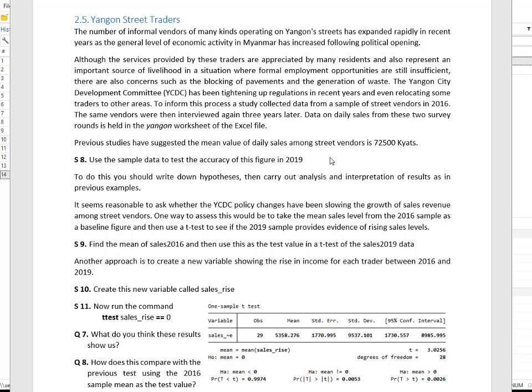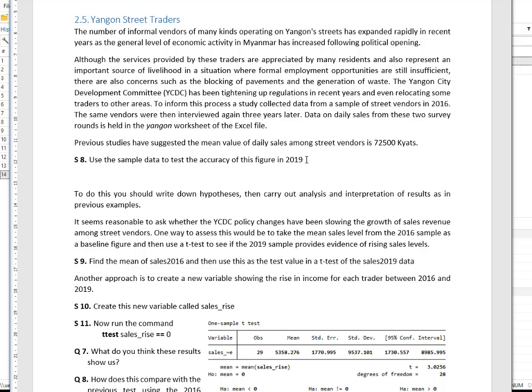So we're going to use the sample data to test the accuracy of this figure here. Maybe what I should have done previously is just take the time to write out these hypotheses, because you need to get into the habit of writing hypotheses in a reasonably precise sort of way.